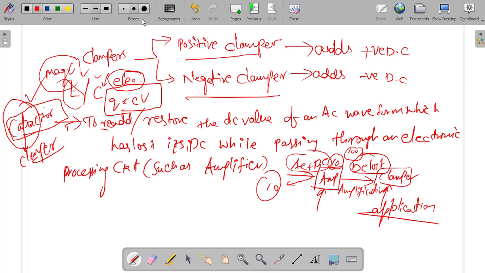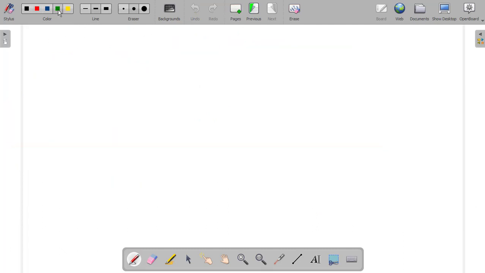Negative clamper. What actually is a negative clamper? Coming to the circuit, the negative clamper looks like this. There will be a capacitor, as we have discussed.